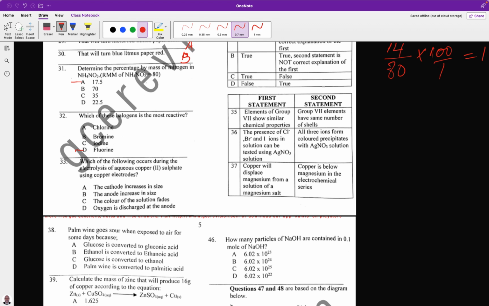The active copper anode will break and be deposited at the cathode. All the cations will move to the cathode, and that is where they will be deposited. In that case, the cathode is going to increase in size. So our answer will only be A. Nothing is going to happen at the anode.